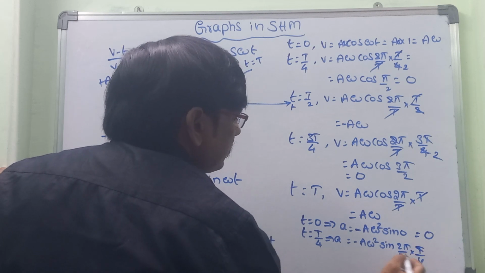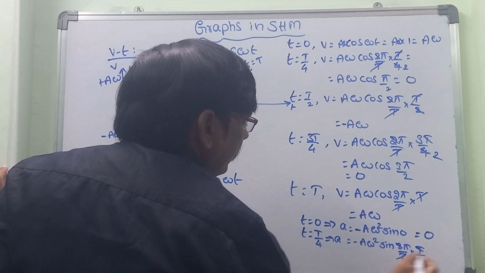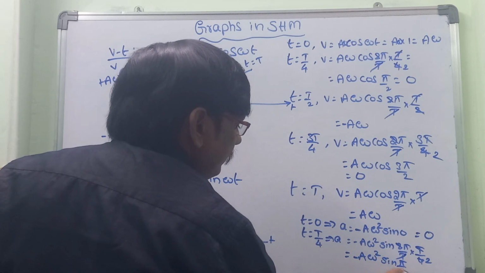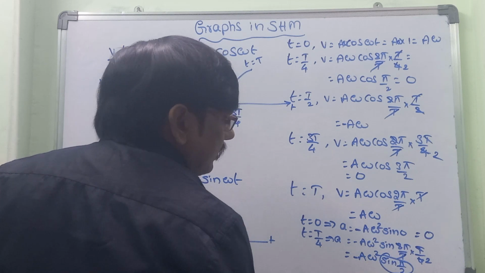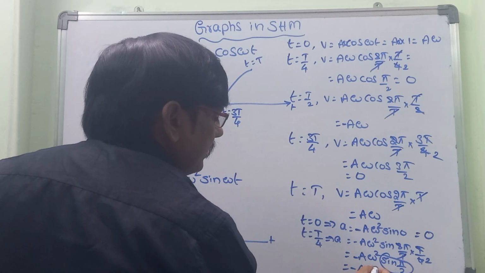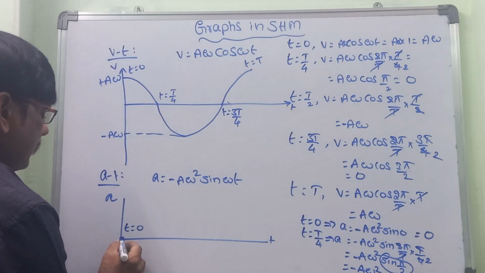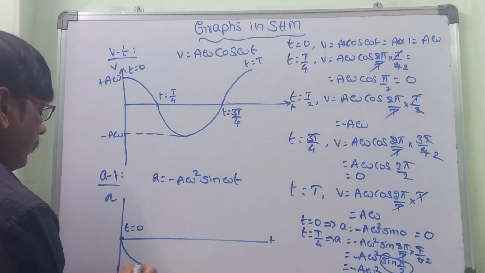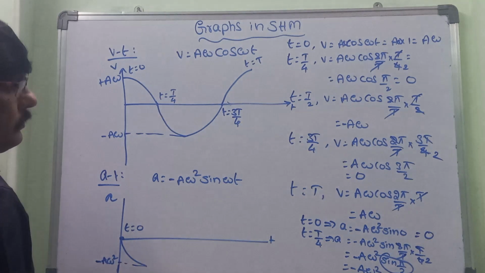So T gets cancelled, and that is equal to minus a omega square sin pi by 2. This part is equal to 1, sin 90 is 1, no? So that is equal to minus a omega square, which means the particle starts moving downwards. So here is the particle, and we can consider this equal to minus a omega square.